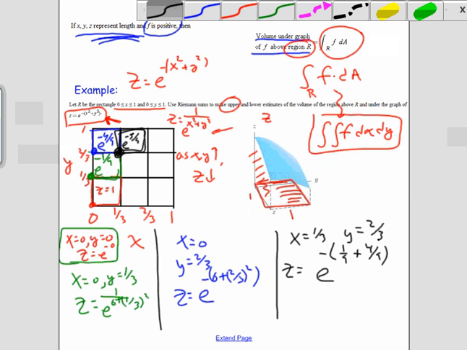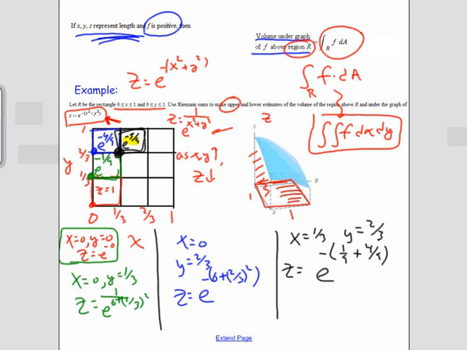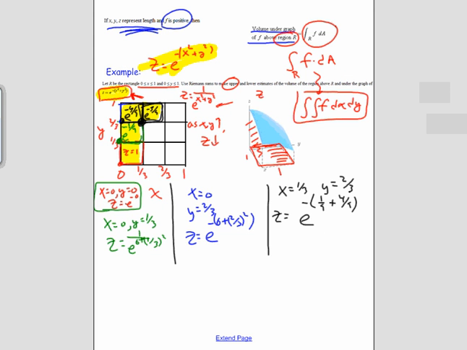So if we wanted to use the work that we've just done to approximate the volume on this little region, and I don't want to go through and find the rest of the boxes, the volume underneath the curve z equals this, on that sectional couch shape, would be the area of each of those boxes, which is 1/3 times 1/3, multiplied by each of the z values inside.